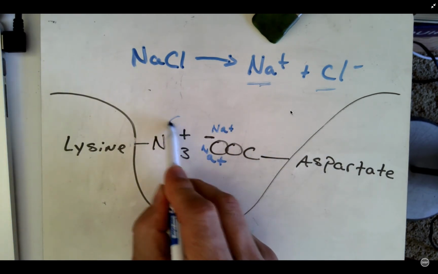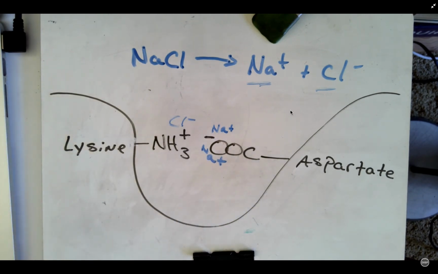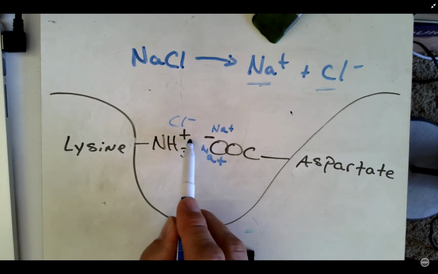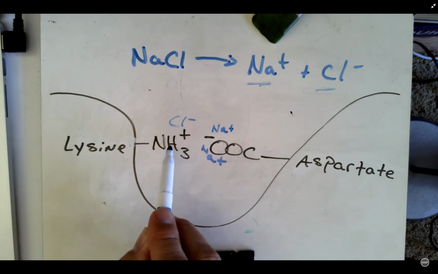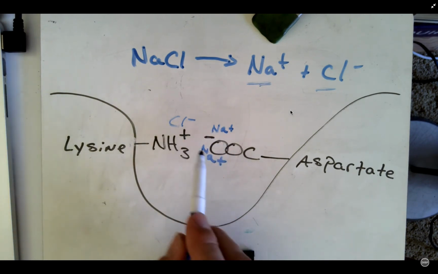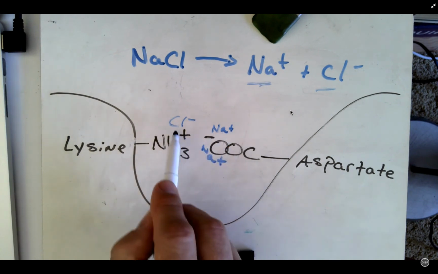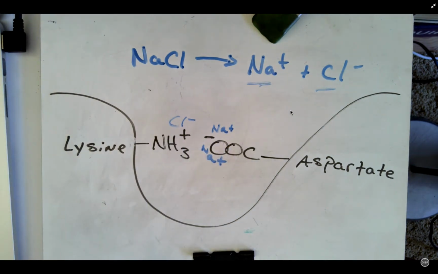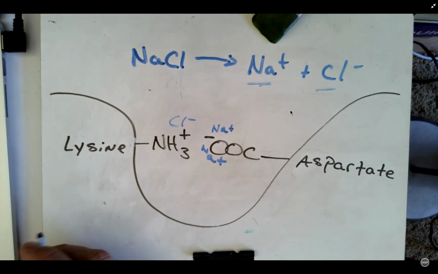The chloride ions will interact with that positive charge, and what that does is it weakens the interaction between the carboxyl group and the amino group. And so these weaker and weaker interactions, as a result of the competing interactions with the sodium ions and the chloride ions, are going to cause this to unfold and therefore denature.